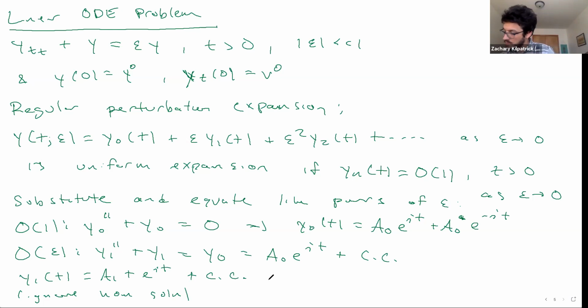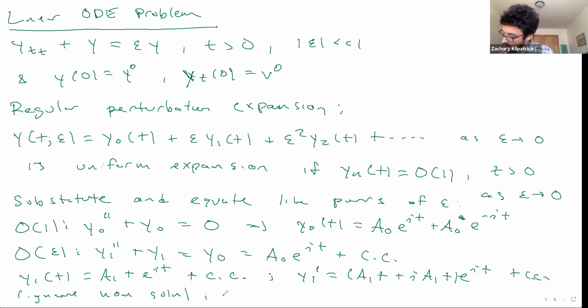So moreover, if I compute y1', right, I'm going to get (A1 + i A1 t) e^(it) plus complex conjugate.